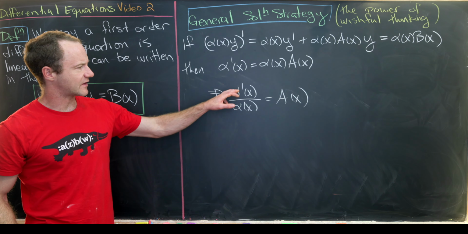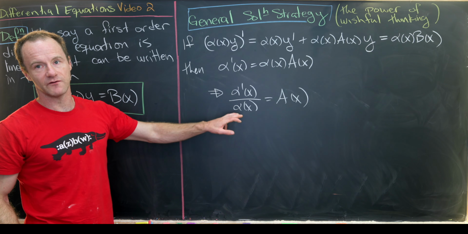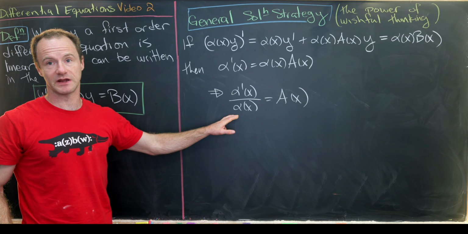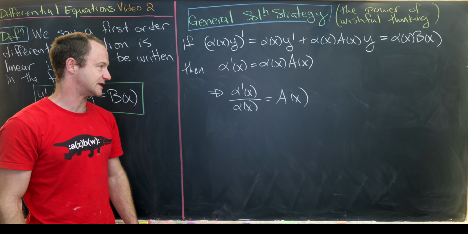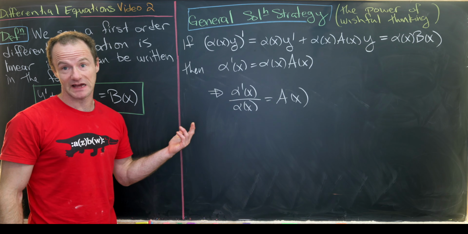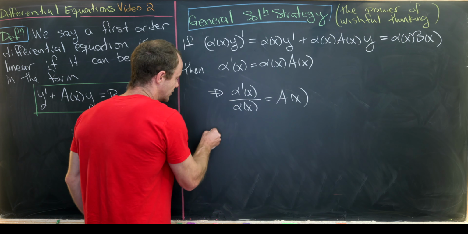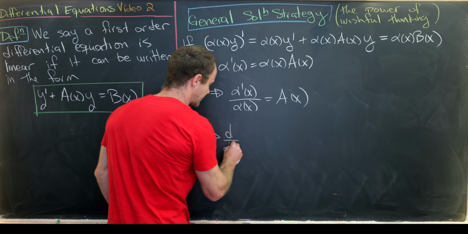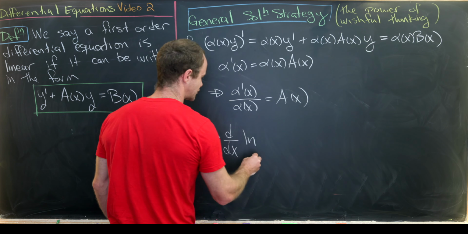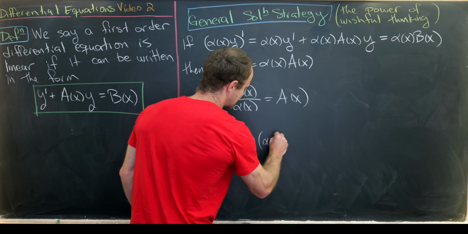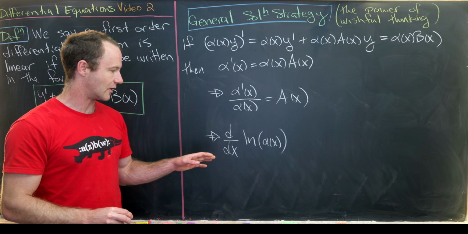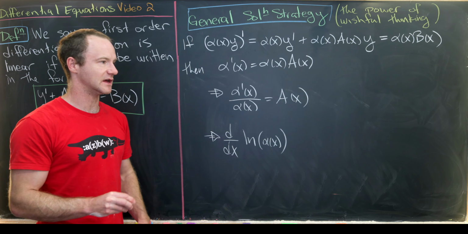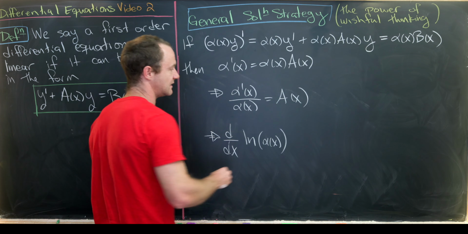And then from there, we've got a derivative in the numerator of the given function in the denominator. And we think, oh, that looks like a logarithmic derivative has been taken. And in fact, that's exactly what happened. So notice that if we take the derivative with respect to x of the natural log of, technically, the absolute value of alpha of x, but I'll leave the absolute value out, it all shakes out in the end with arbitrary constants.